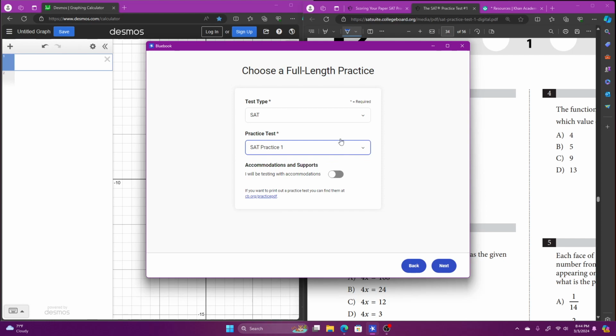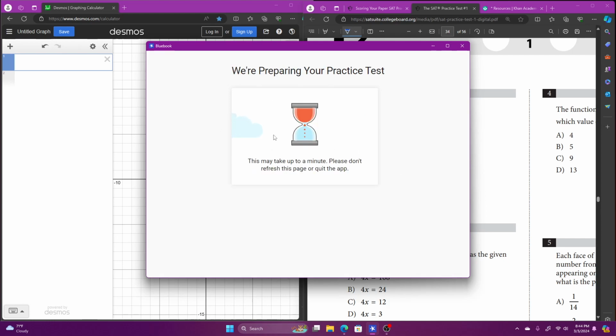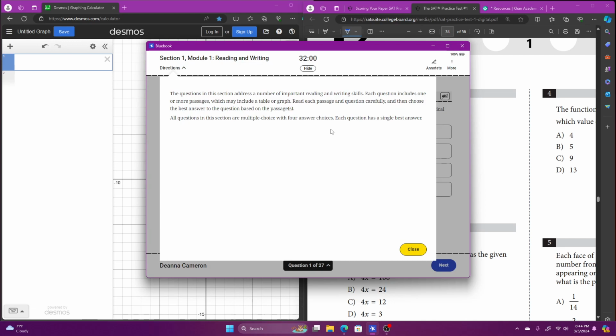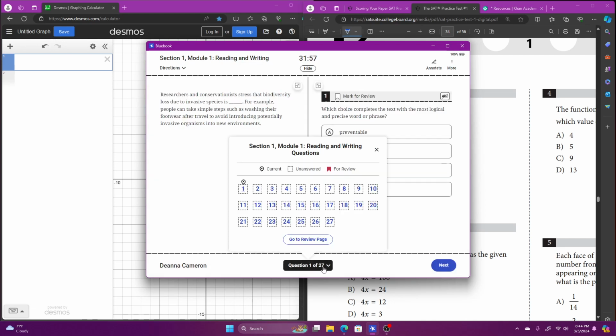I'm not going to do these tests here because I can't write on the screen. But if you look here at the Blue Book practice tests, we're going to be focusing on the math.